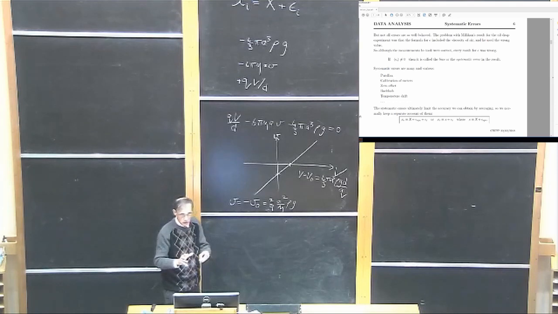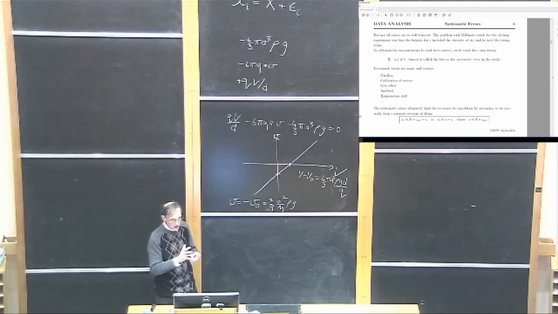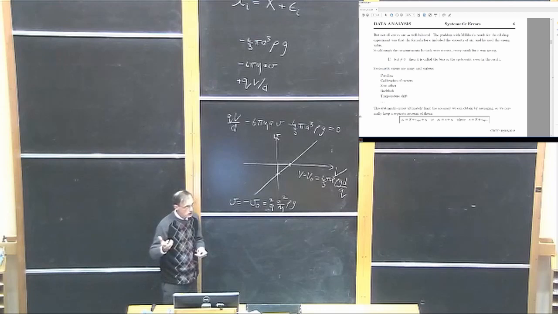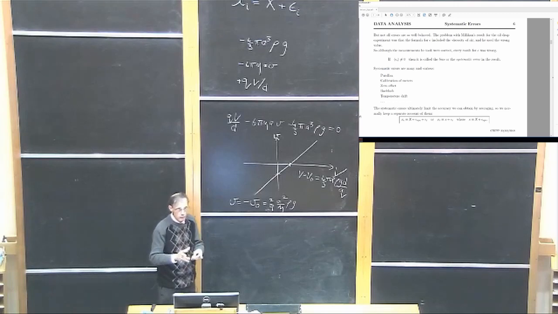So the statistics are all exactly the same, but the numbers are slightly different. So that's a real important distinction between a statistical error and a systematic error. But in principle, you may be able to recalculate an experiment with an improved value for some of the constants that are being used.